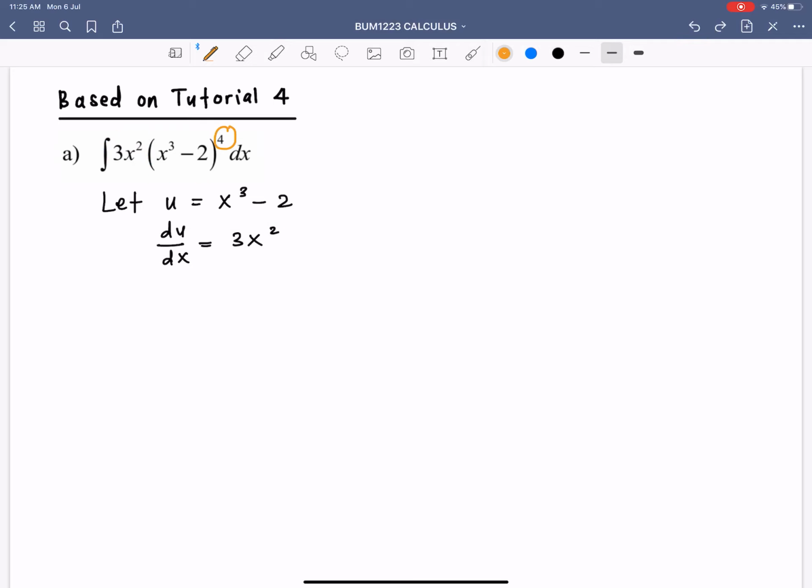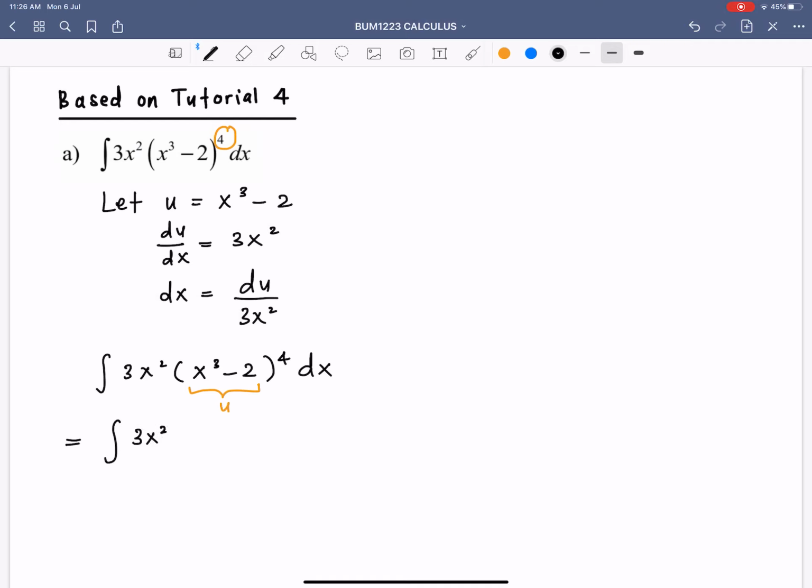Okay, so from there, we need dx, where dx is equal to du over 3x squared. So the integration of 3x squared times x cubed minus 2 power of 4 dx. Just now we know that this is u. So this is equal to the integration of 3x squared u power of 4.